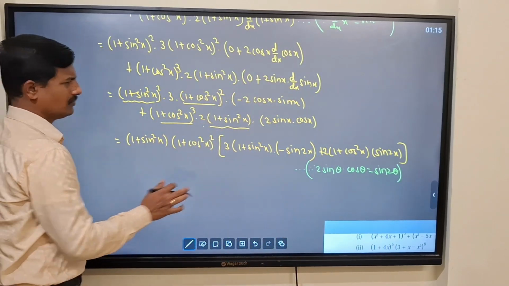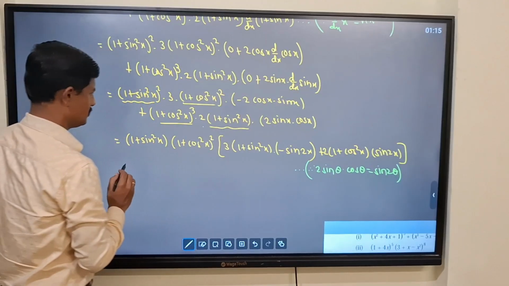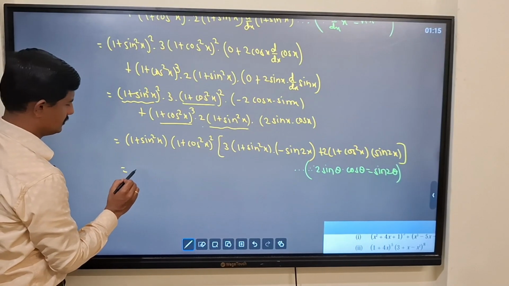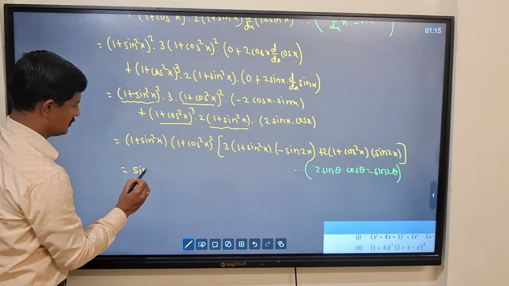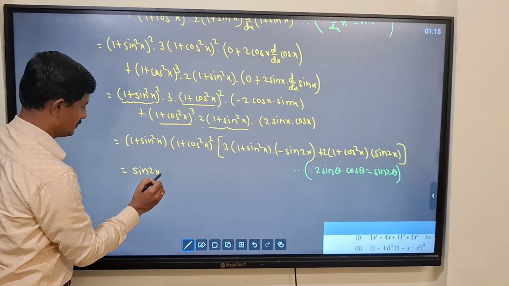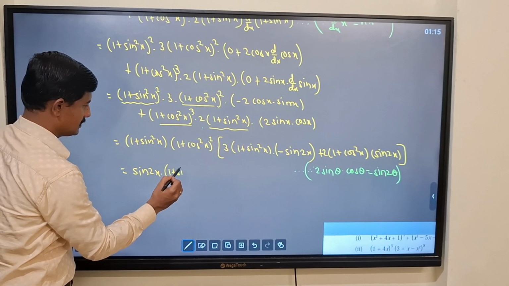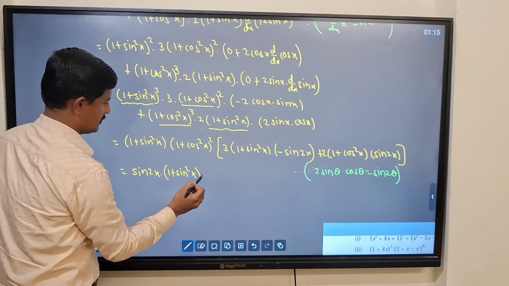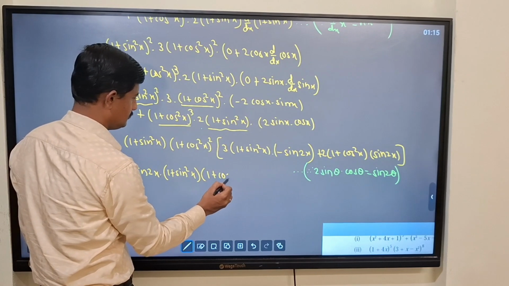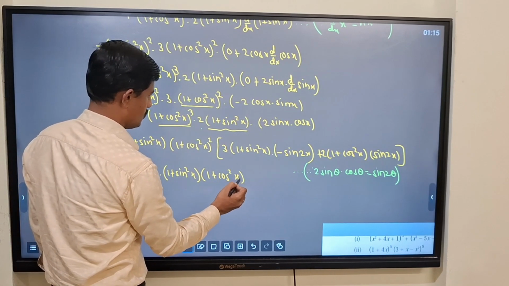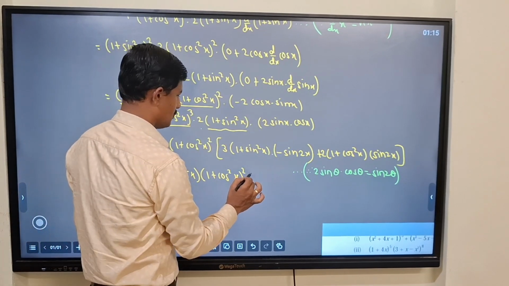Now this sin 2θ is also common, so I will take that also common. That's sin 2x is common, then (1 + sin²x), and (1 + cos²x)², I took that common.